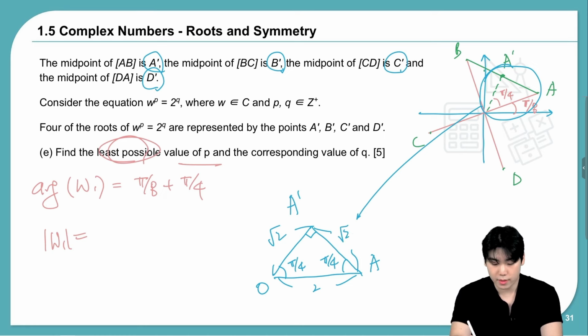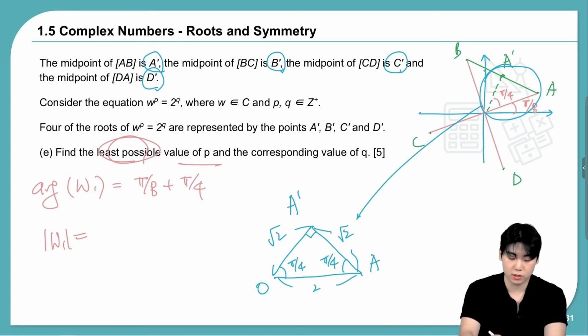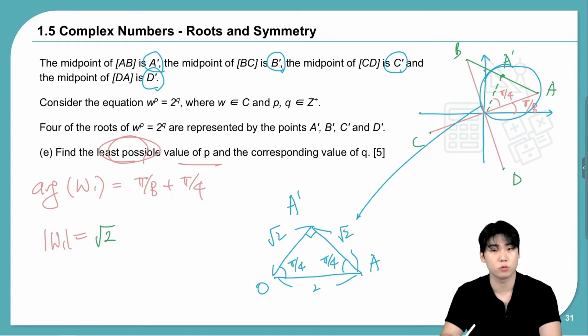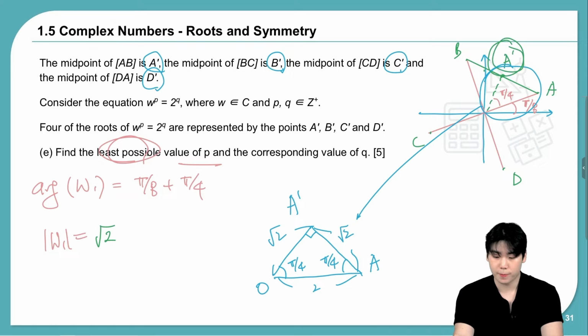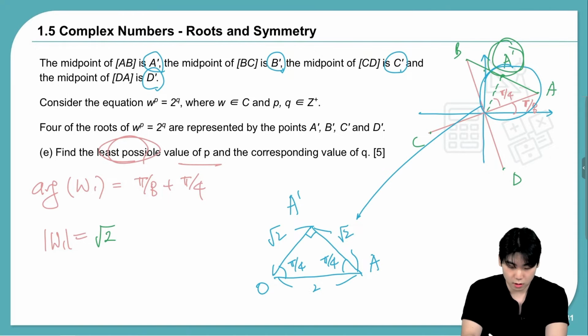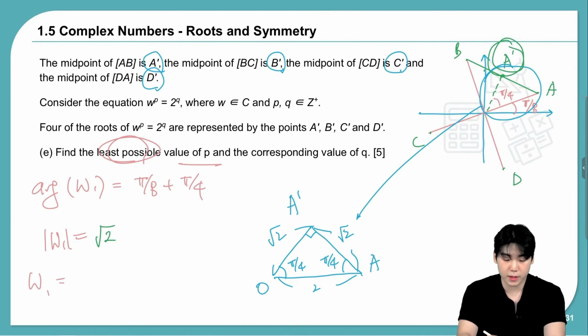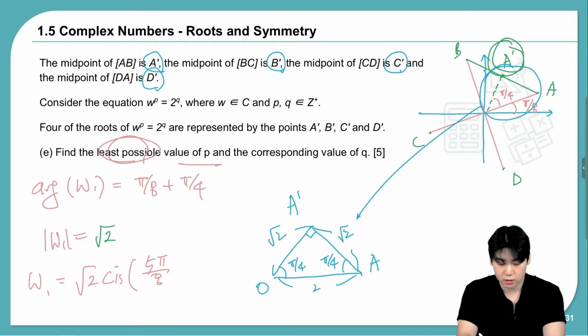Okay. So with that, I can see that this is root 2. The modulus is root 2. And I want to find what A prime is, right? The smallest value, omega 1, is essentially going to be root 2 cis 3 pi over 8.